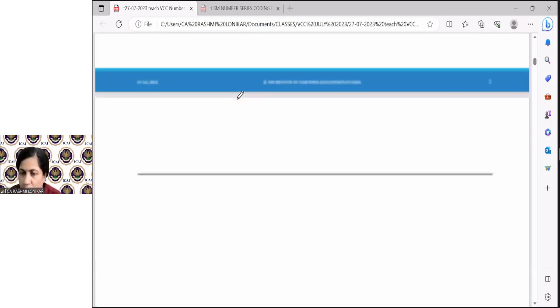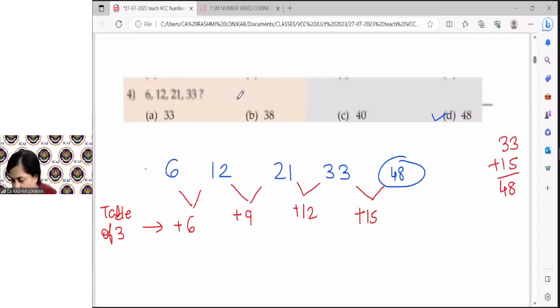So I hope nobody has a problem till now. Rita explained again. Okay, Monish. Okay, Love is saying the same pattern had come in the entrance exam for undergrad.